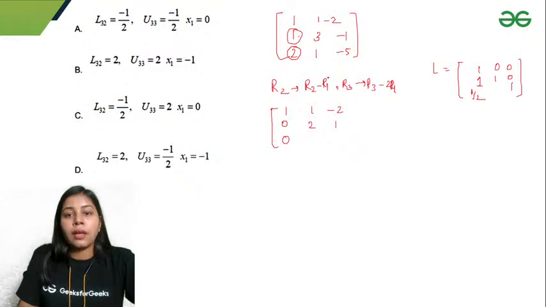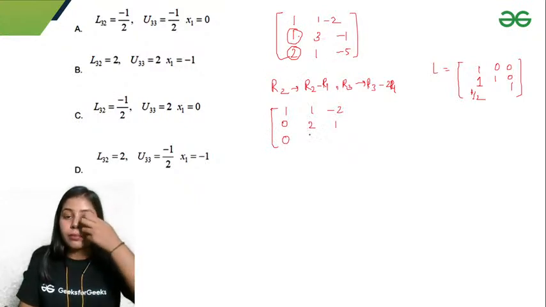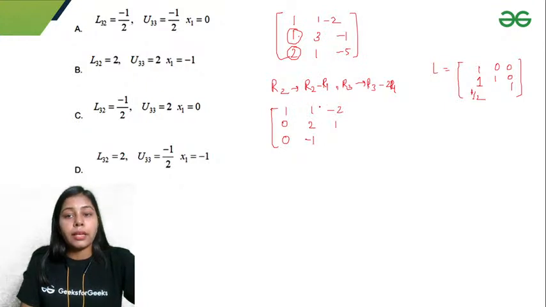I'll get 0 here, and 1 minus 1 times 1 is 0 in the second entry, and here minus 1 minus... we'll get minus 1, and here we'll have minus 5 plus 4, that will give me minus 1, right?